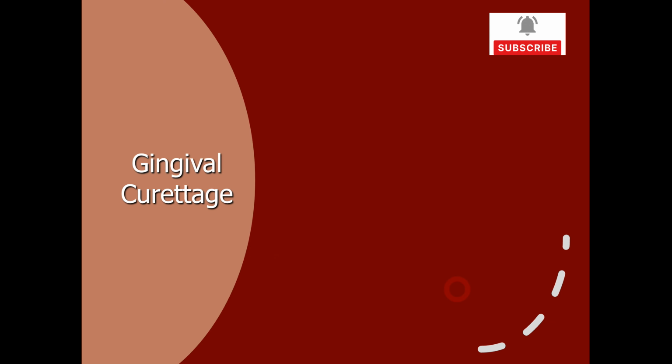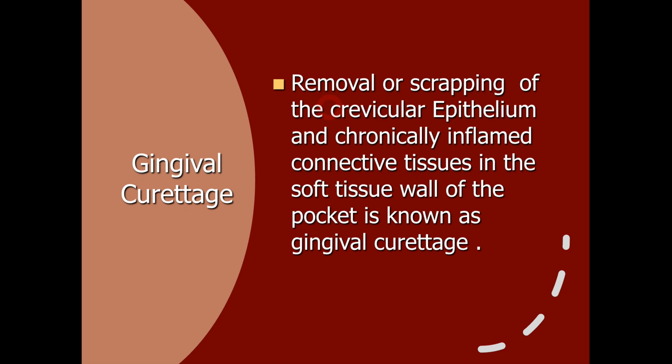Now, at times granulation tissue is formed due to gingivitis or periodontitis, which is inflamed tissue and it continuously irritates the gingival tissue. Removal of it is very important when we are treating gingivitis and periodontitis. So, an important term and concept in periodontology is gingival curettage. What do we mean by that? Gingival curettage simply means removal or scraping of the crevicular epithelium and chronically inflamed connective tissue, which are formed in the soft tissue pocket.